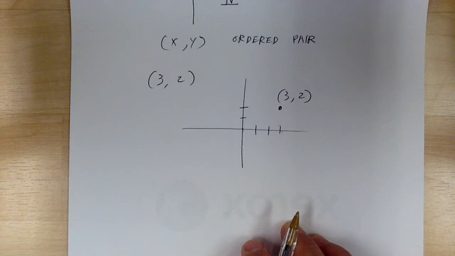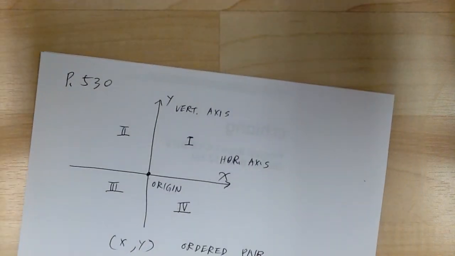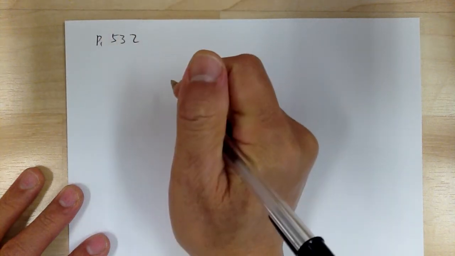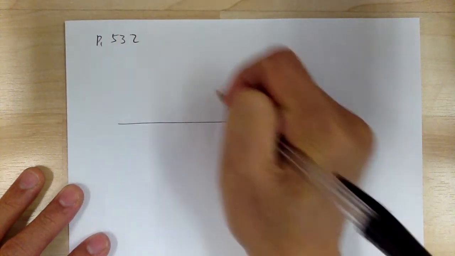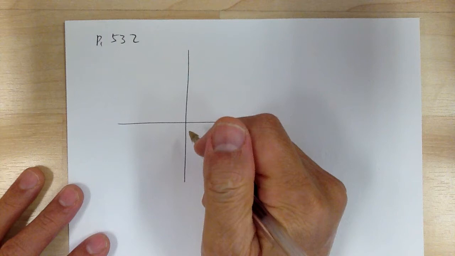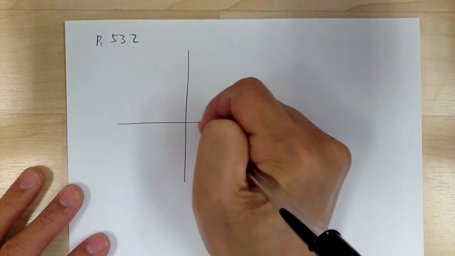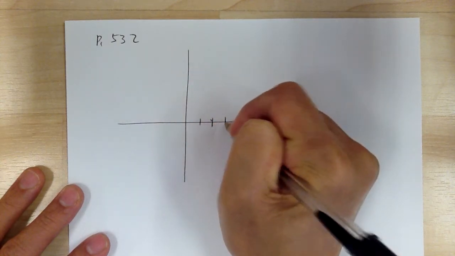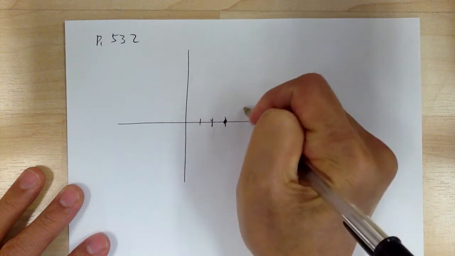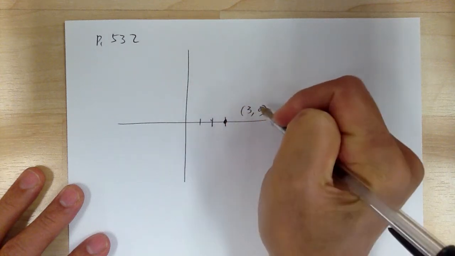Let's go to page 532. If you look at the graph over here on figure 4, this point is (3, 0).